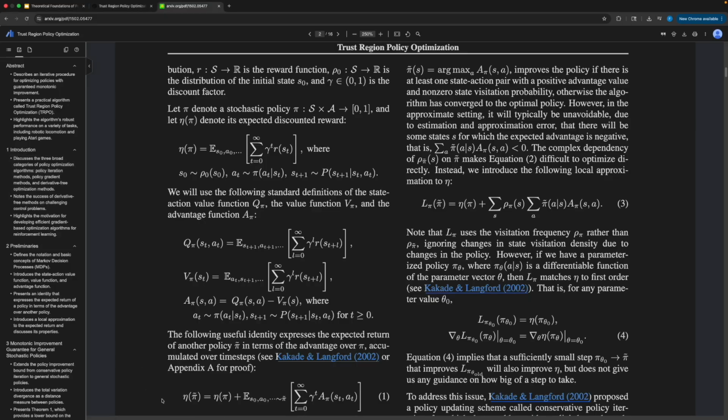Now, it can be proved that the difference in performance between a policy pi hat and pi is equal to the expected sum of discounted advantages, where the states and actions are sampled from your policy pi hat, and the advantage is computed for the policy pi.